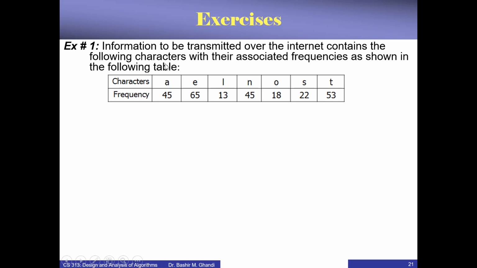It says, suppose we have information to be transmitted over the internet containing the following characters with their associated frequencies as shown in this table. So A is 45, E is 65, and so on. This time the elements are not sorted. You have to make sure you sort them when you are doing the algorithm. They must be enqueued based on the frequency.